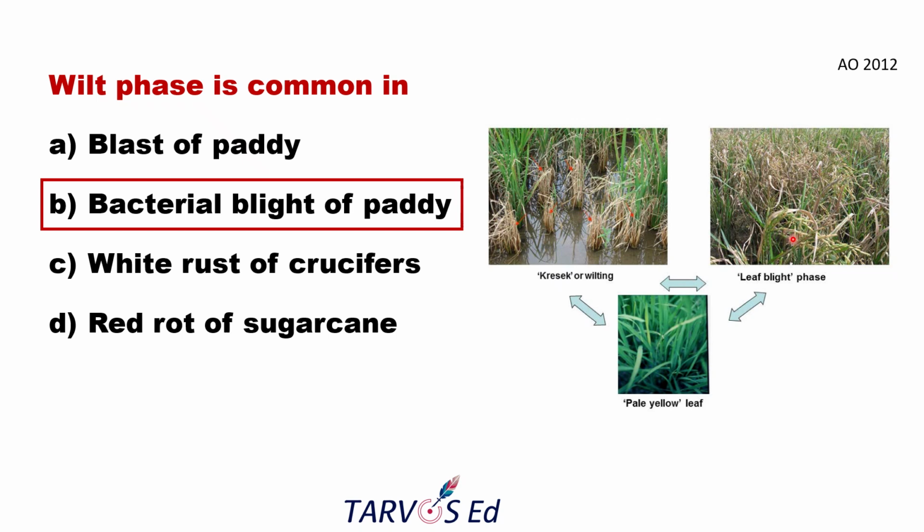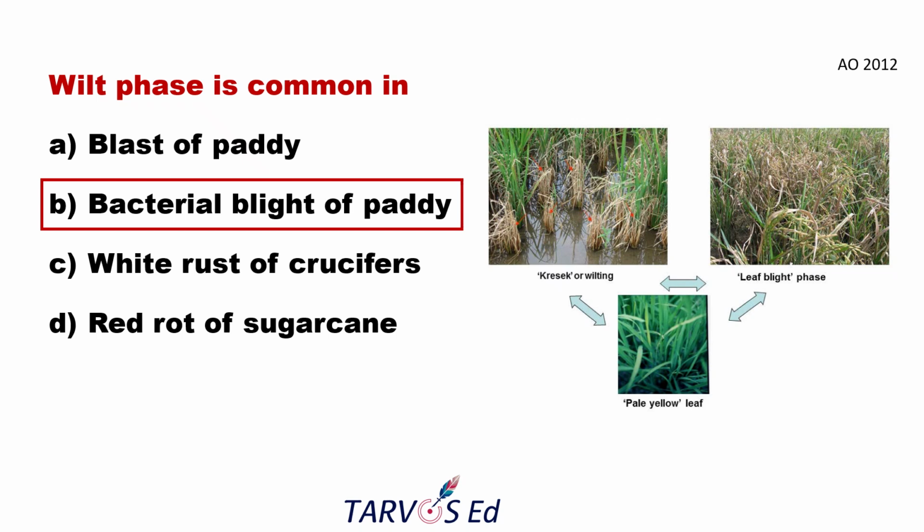So young seedlings show kresek or wilting symptom, and after a certain period it shows the leaf blight phase. They might even ask, kresek phase is also common in bacterial leaf blight of paddy. So you should know both terminologies: wilt phase, otherwise called kresek phase, which is an important question to know.